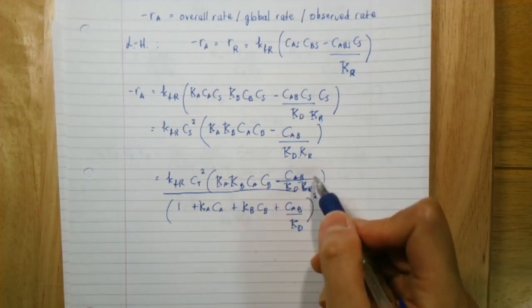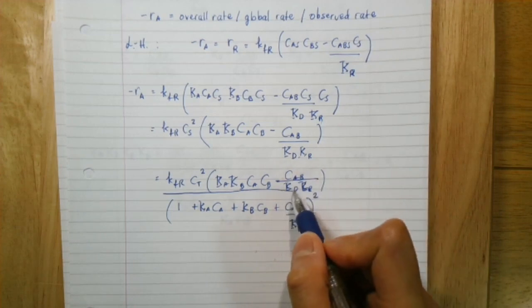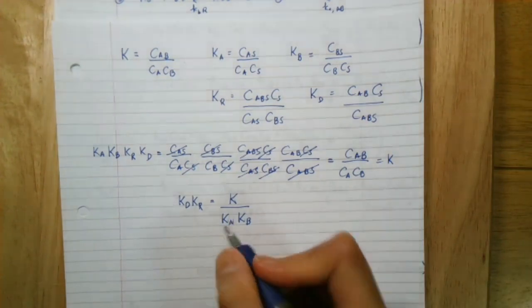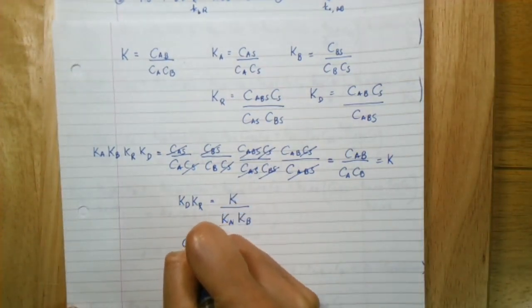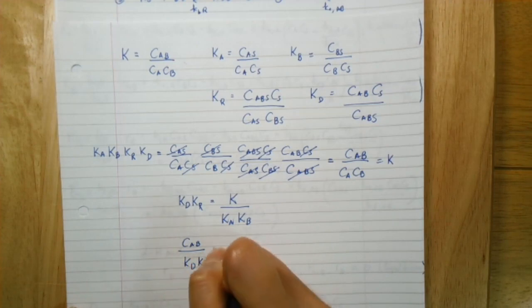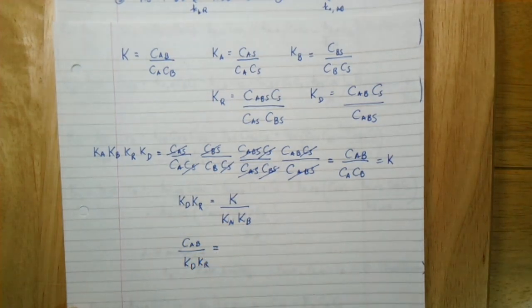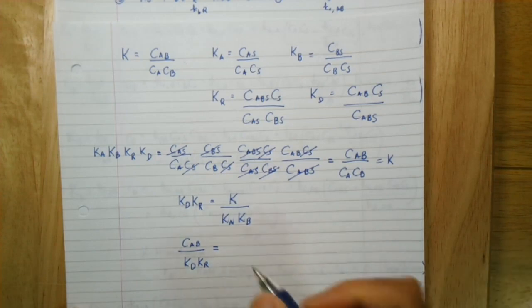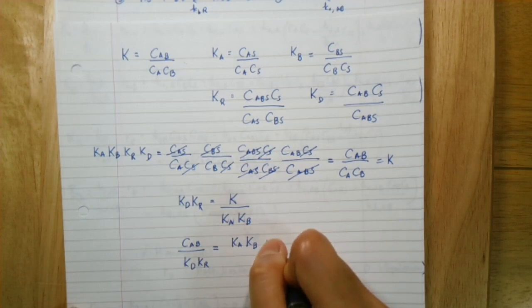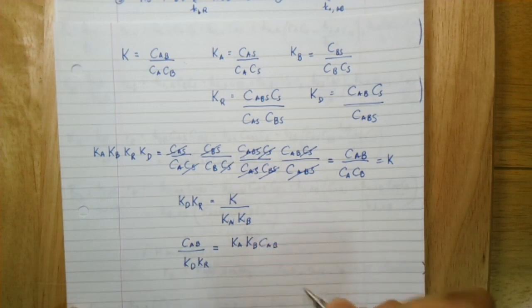So therefore, I can write this term CAB over KD times KR, okay, so this is just equal to KA, KB, CAB all over K.